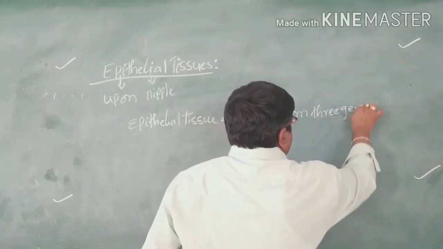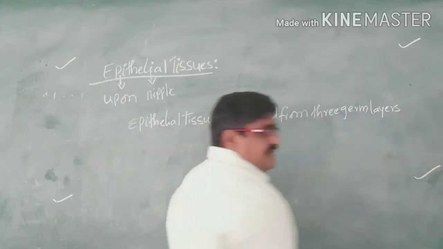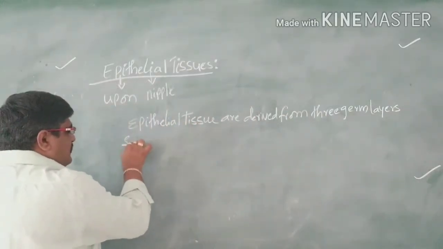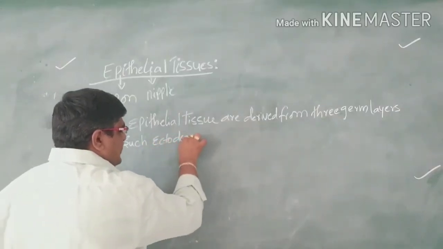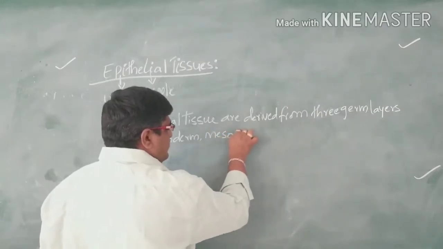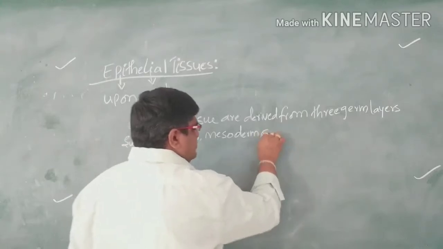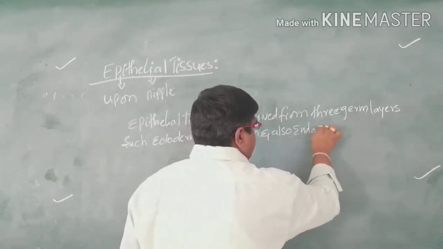They arise from the three germ layers, such as ectoderm, mesoderm, and also endoderm.